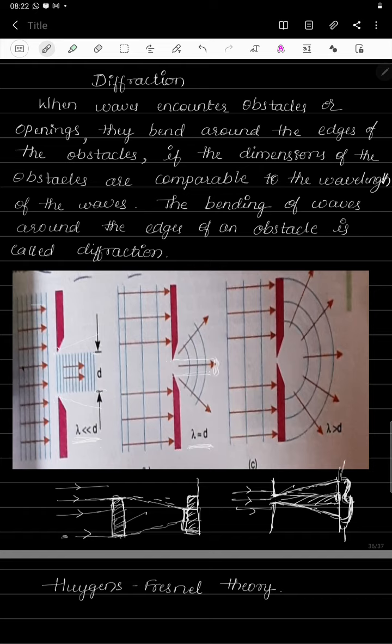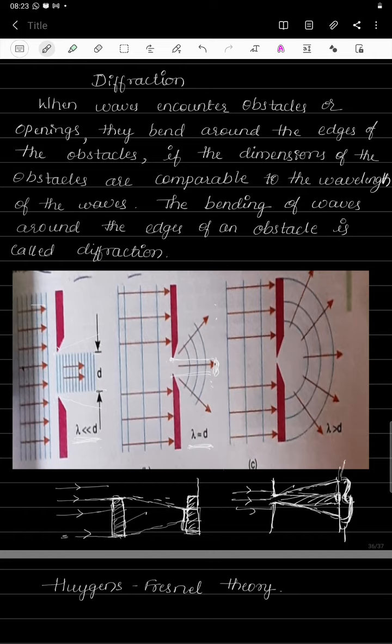But here lambda and d are comparable, so at these two edges the light waves bend and enter the shadow region, above and below, because of this diffraction phenomenon. So in the geometrical shadow region also we are having light. This is because of the diffraction phenomenon.